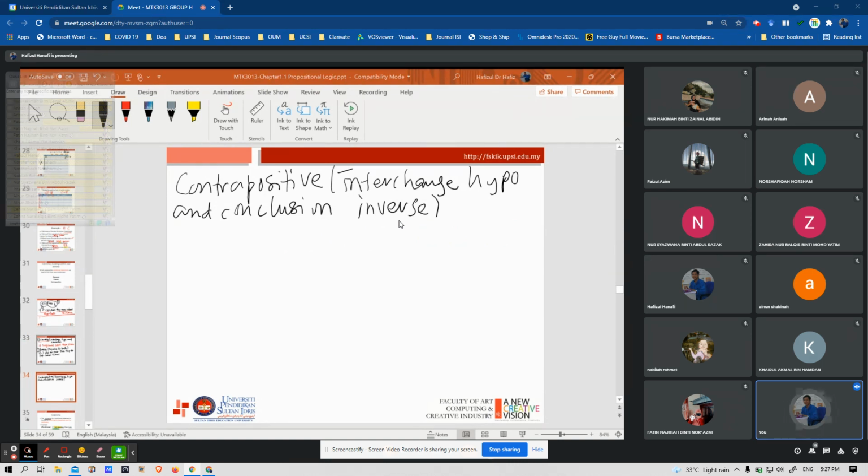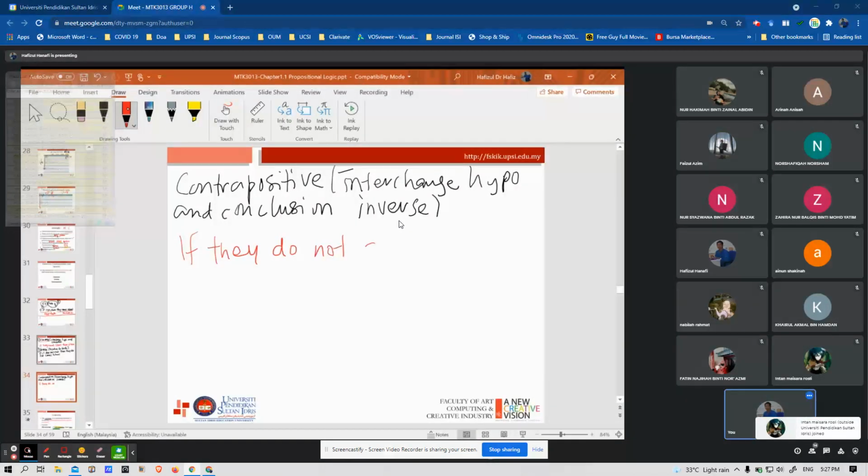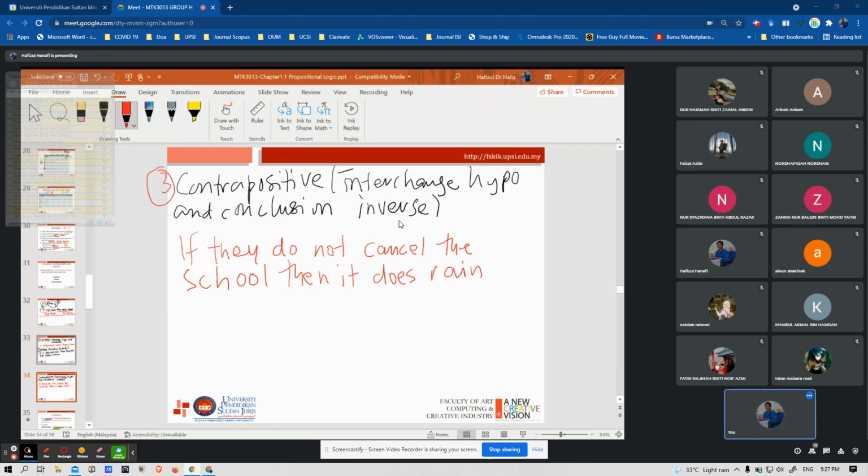If they do not cancel the school, then it does rain. Okay, this one is the third one. Contrapositive: interchange the hypothesis and the conclusion of the inverse statement.